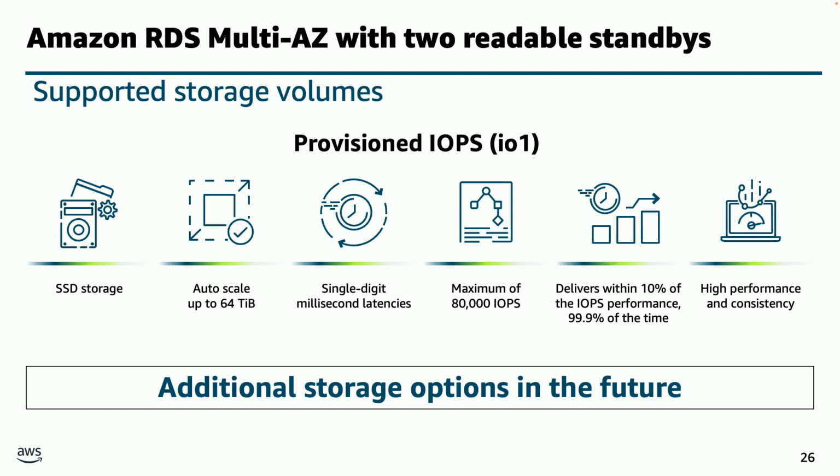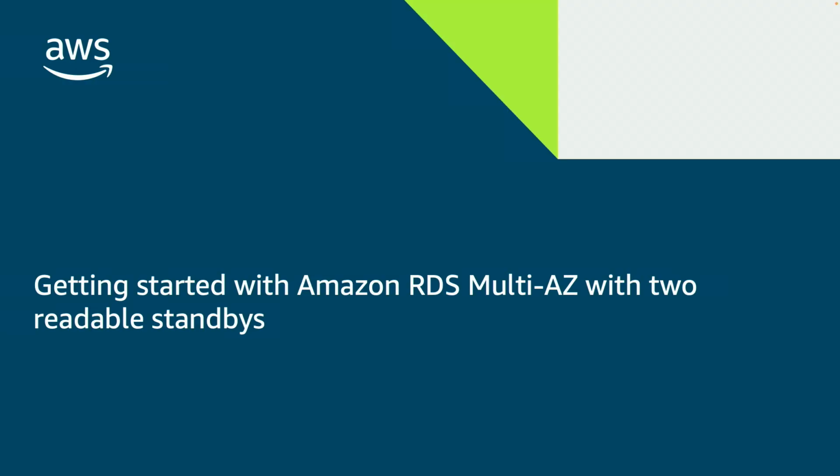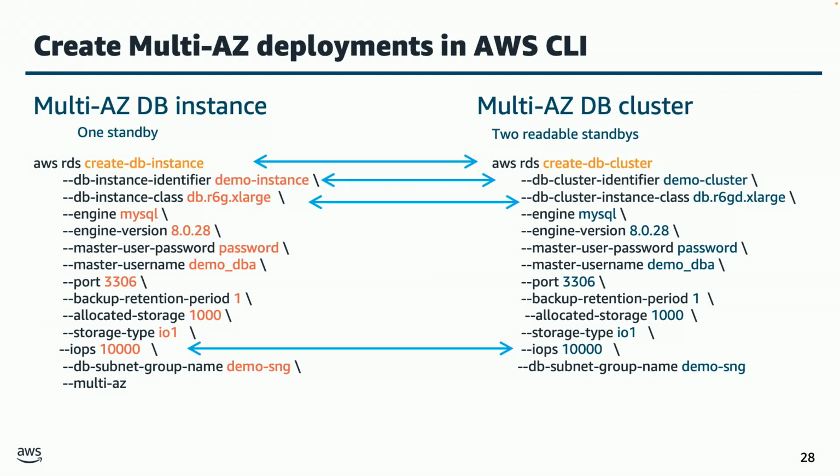Next we're going to talk about getting started with 2 readable standbys. Here I want to show, if you're using the AWS CLI, what the difference is between multi-AZ and multi-AZ DB clusters with 2 readable standbys. In the CLI, for a multi-AZ instance we use create-db-instance, which is the standard DB instance creation, and the rest of the configurations are the same.